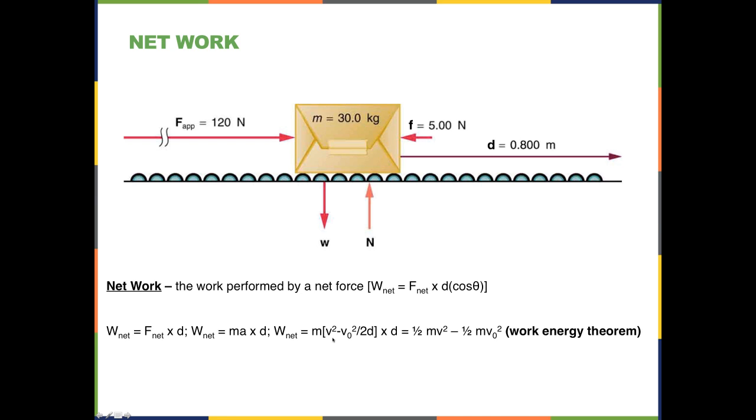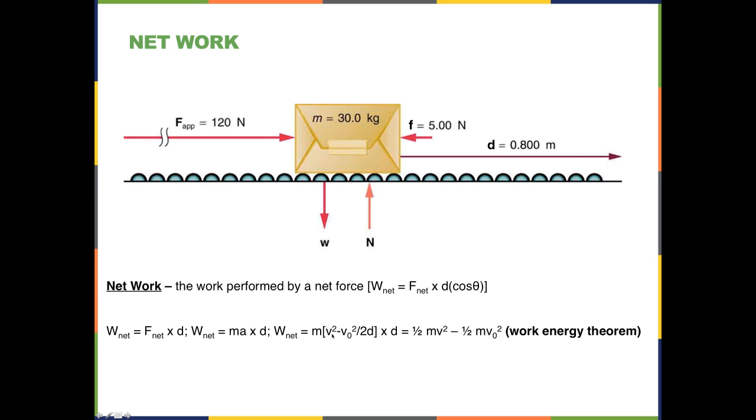And you remember that v squared is equal to v0 squared plus 2ad. And if you rearrange that, then you end up with v squared minus v0 squared. v0 is the initial velocity, and v is the final velocity. And this is the distance, and then you have another distance component here, and this distance cancels this one.